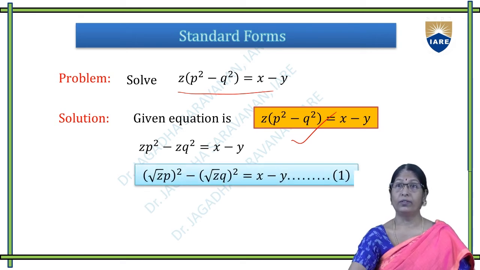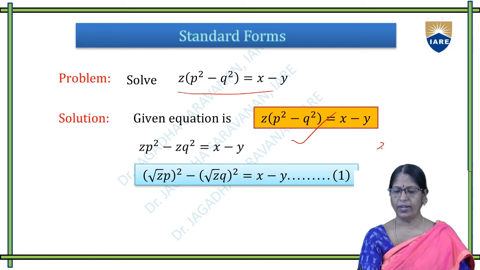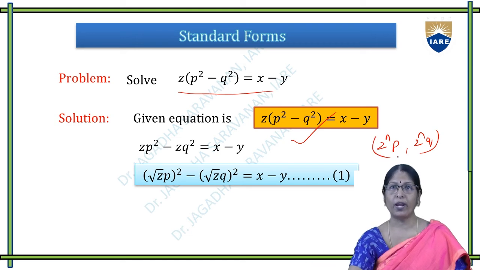Here, z, what is the power? Only z should have the power. The format is z power n p, z power n q. This is the format of standard form 6. P and q should have the power 1.